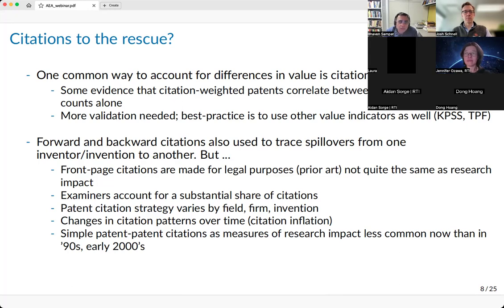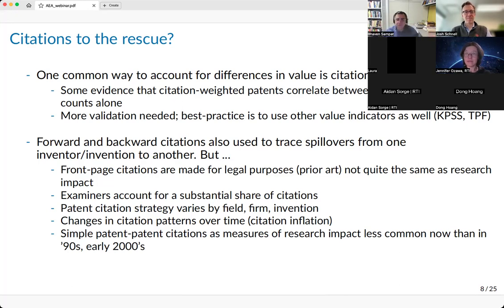I will say, more validation is needed. I don't think all three of these have been cross-validated in the same paper or under the same heading, but my understanding is that each of these has been validated against one another.